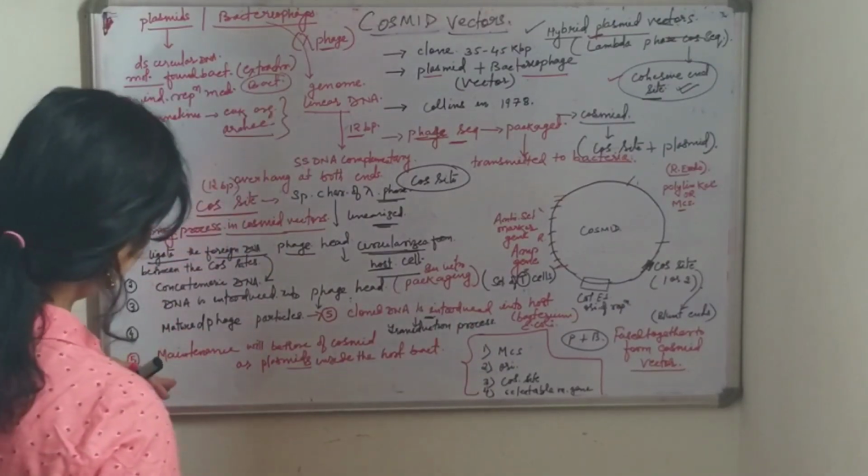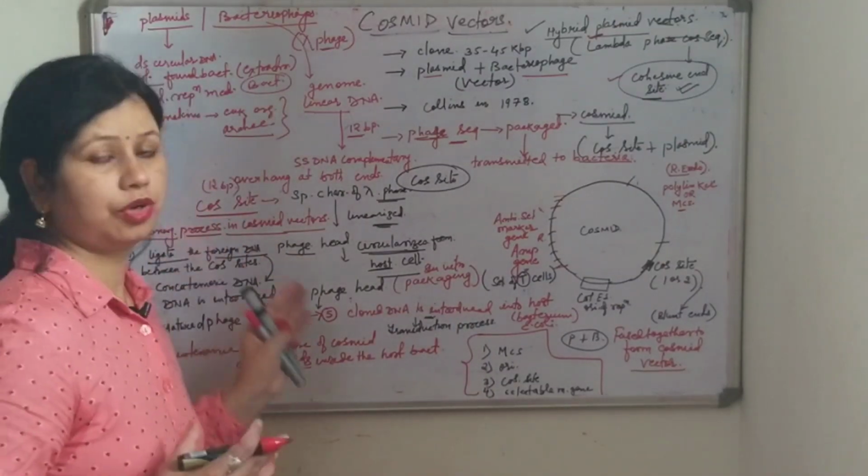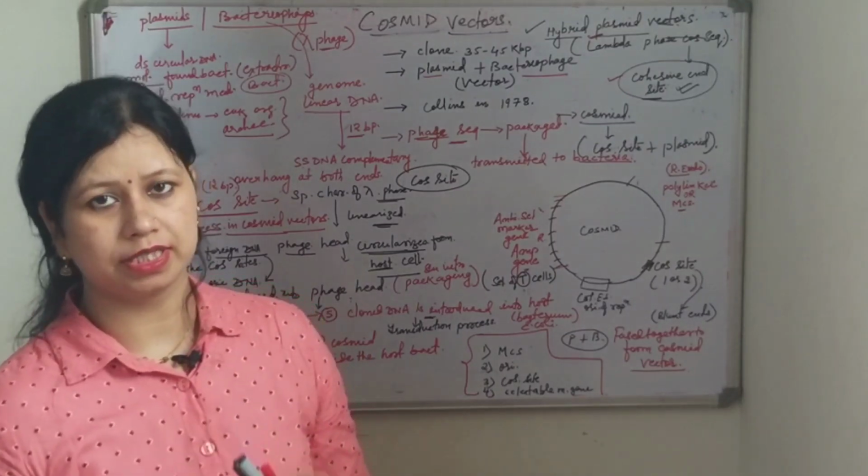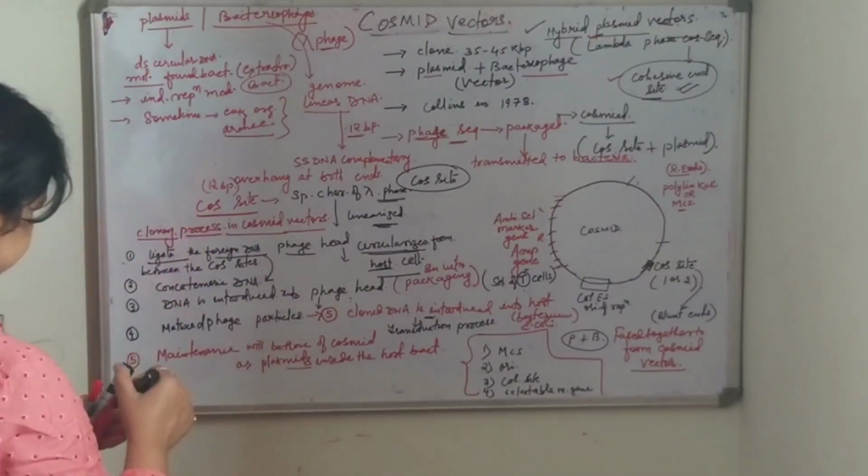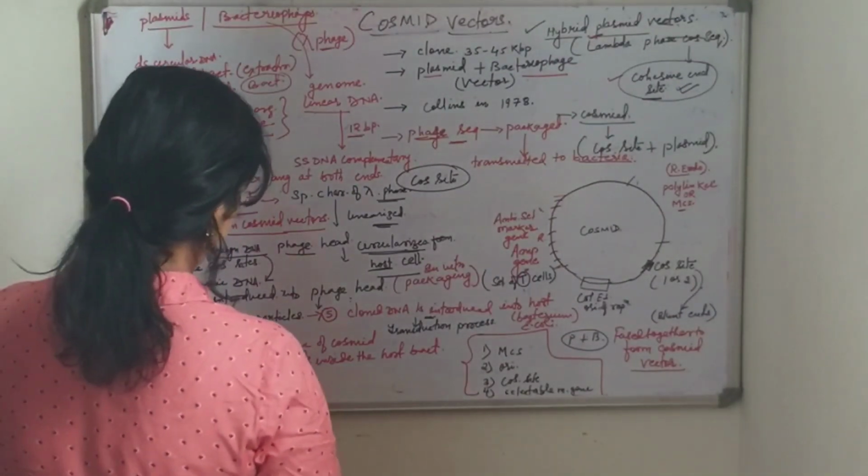So, this is how the cloning process in the cosmid vectors takes place or will be followed.